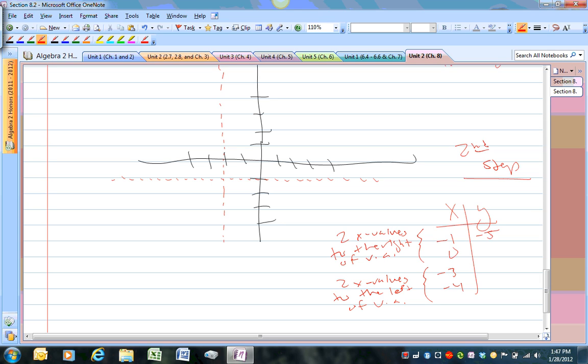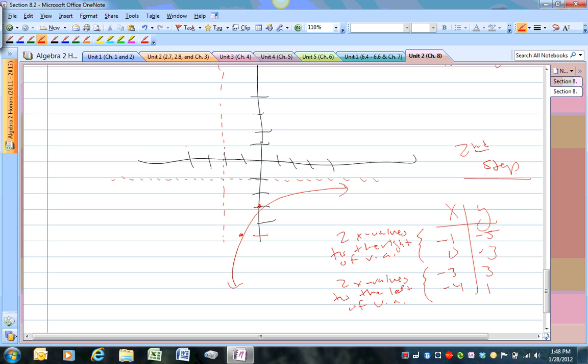And plug in 0 for x, I should get negative 3. So it'll look like this: negative 1, negative 5, and 0, negative 3. So the graph looks something kind of like this. Plug in negative 3, I should get 3. And plug in negative 4, and I should get 1.